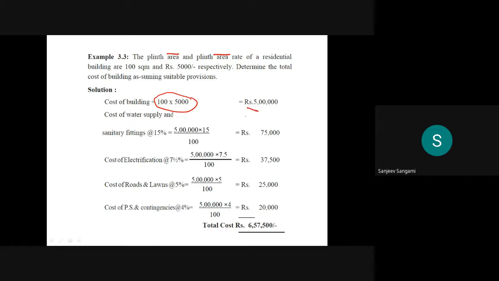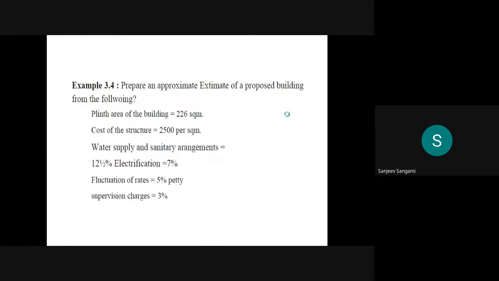So this much will be 15% of 5 lakhs, 7.5% of 5 lakhs, then 5% of 5 lakhs, and 4% of the 5 lakhs for the contingencies. So this we will take up possibly in the next class.